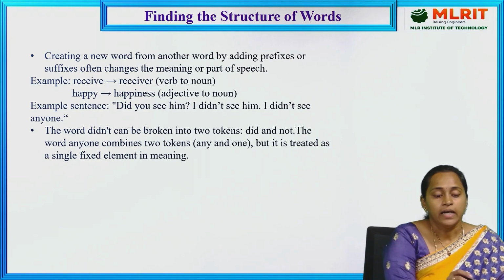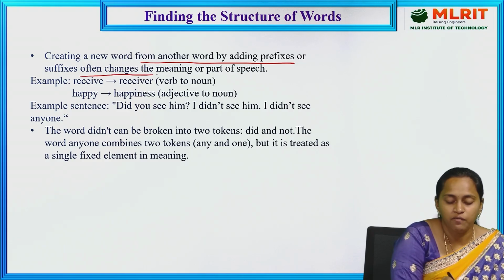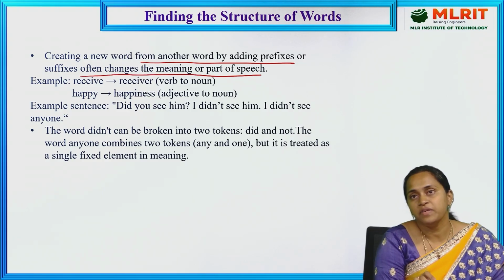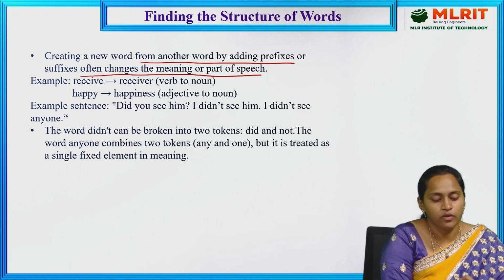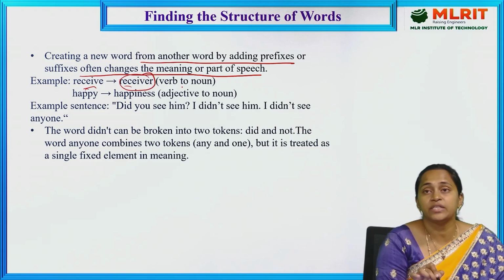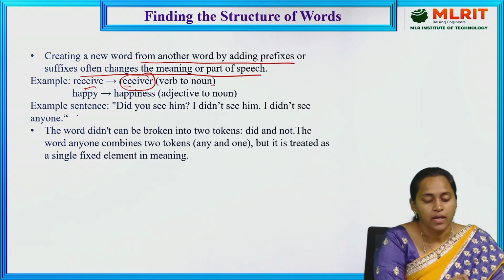Next, creating a new word from another word by adding a prefix or suffix often changes the meaning or part of speech. Here we are adding a suffix and prefix to the word. Receive is a verb, receiver is a noun. Happy to happiness, adjective to noun. Example, did you see him?